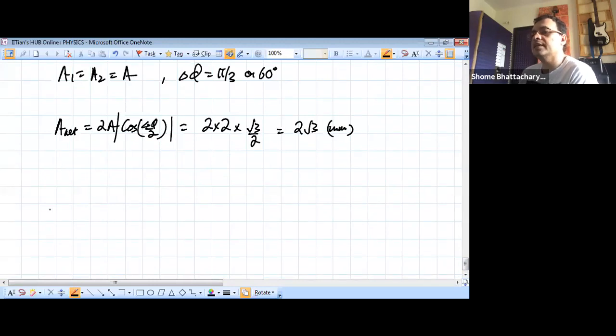Or you can go with the phasor diagram. Go by the phasor diagram method also, it's quite easy. You've done all these things in vectors so many times that it should not be a problem.